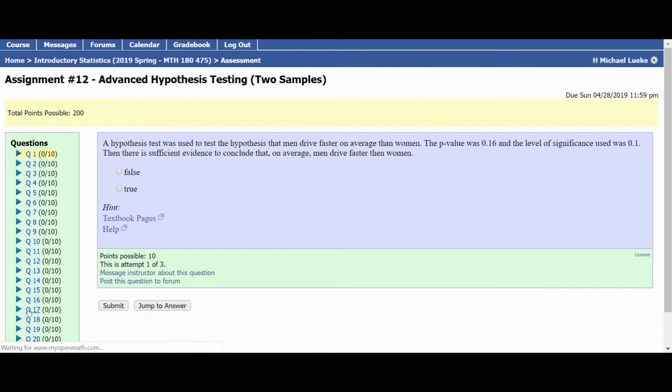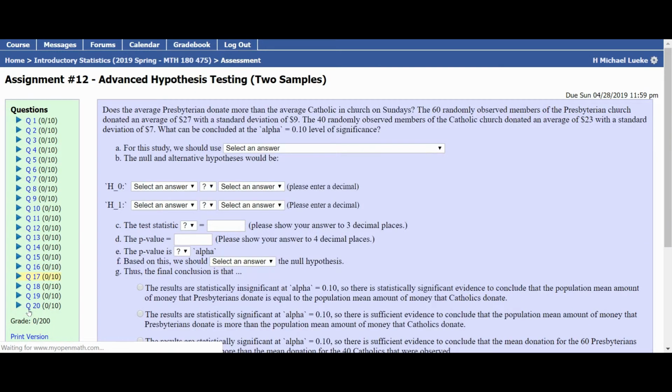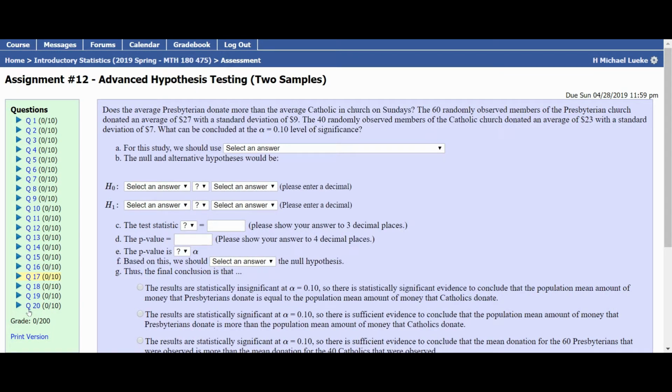We're actually going to start down here at number 17 in assignment 12. And here's a question where it asks about the average donations between two different religious denominations. Do Presbyterians donate more than Catholics in church? And so they collected data.